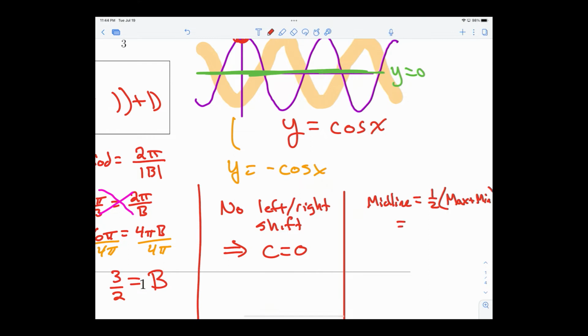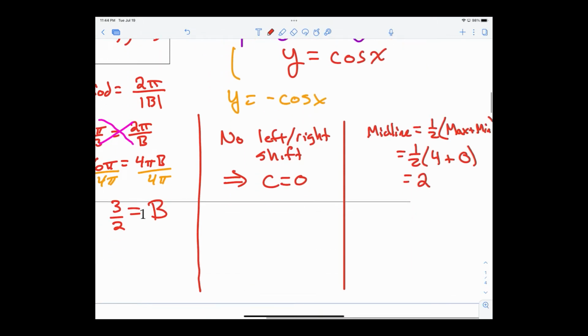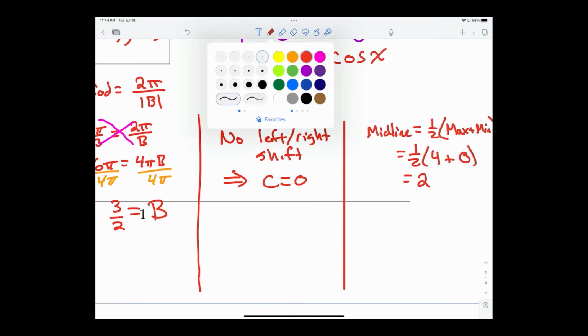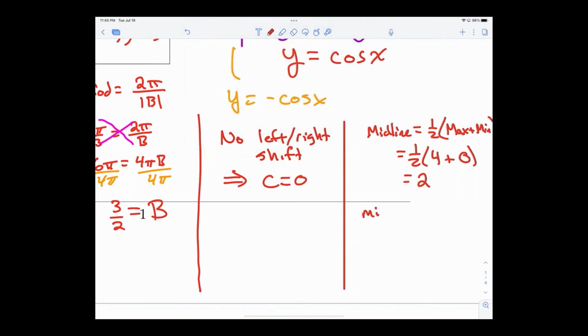Otherwise, it's the same. So 1/2, the maximum is 4 and the minimum is 0. So 1/2 times 4 is 2. So that tells us two things. One, the midline is y equals 2, and also the d is 2.